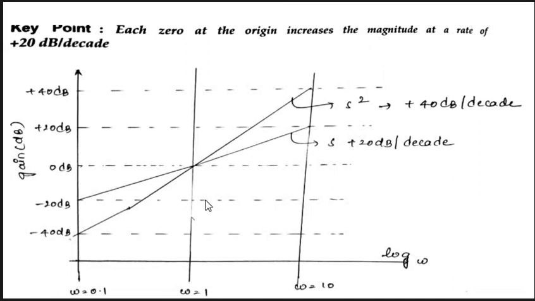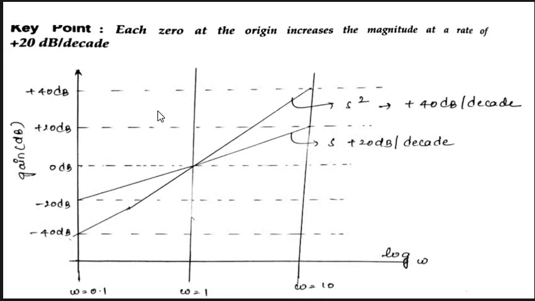Here it is quite different: each zero at the origin increases the magnitude at a rate of plus 20 dB per decade. Here also all the curves intersect at omega equal to 1, where this is the line omega equal to 1 and the 0 dB line. All the curves intersect the 0 dB line at omega equal to 1.